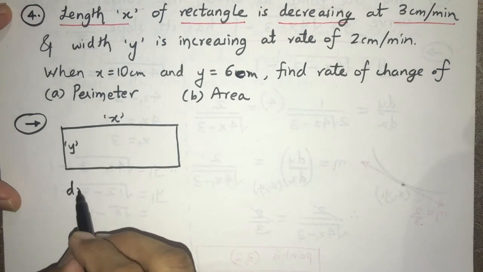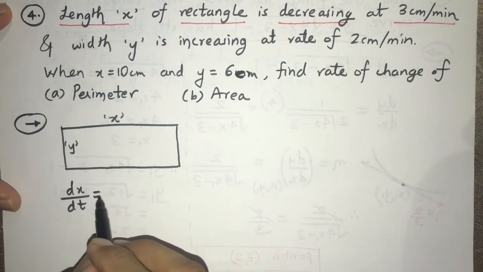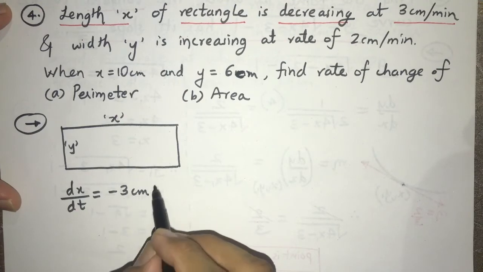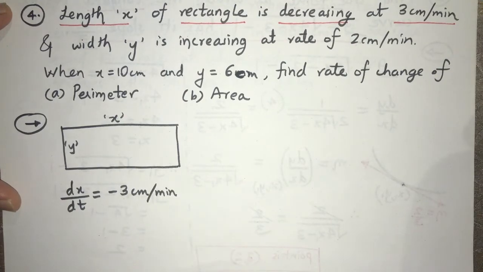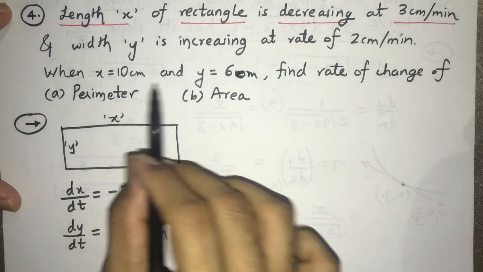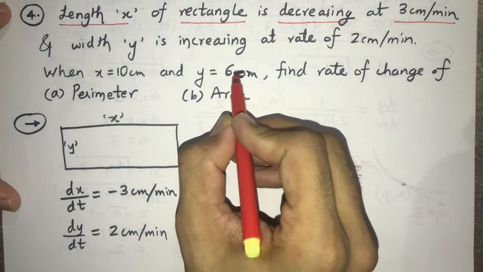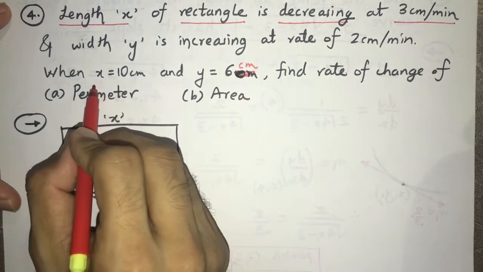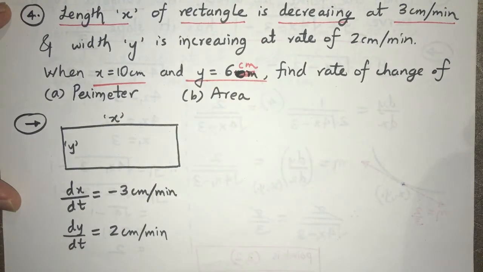Then y is increasing. dy by dt, the rate of change of y with respect to time, is 2 centimeter per minute. When x is 10 centimeters and y is 6 centimeters, find the rate of change of perimeter and the rate of change of area.